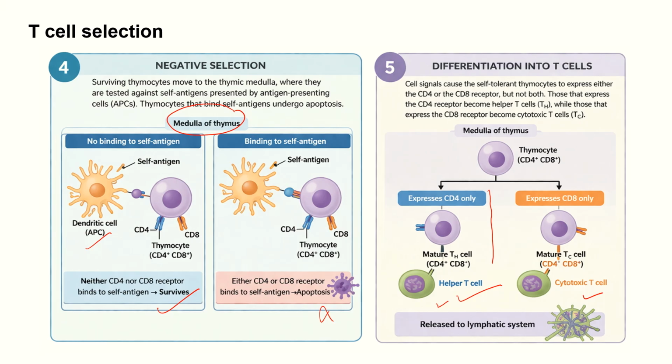So once the naive T cell comes from the thymus, they are educated to identify the MHC1 molecule, and are selected if they identify it, otherwise destroyed. In the next round, when they identify the self-antigen, they are destroyed, and when they do not, they are selected. In the final round is differentiation of the T cell, when CD4 and CD8 expressing T cells are segregated separately. The cells expressing only one type of receptor can survive and go into the next round of the process.